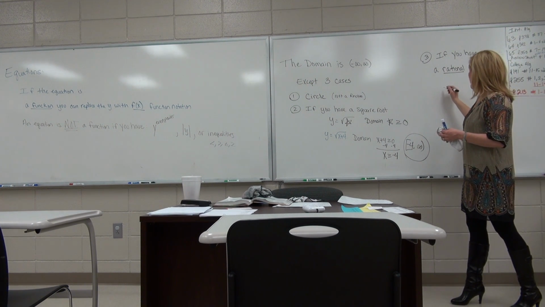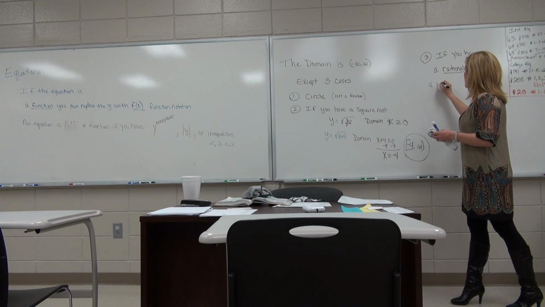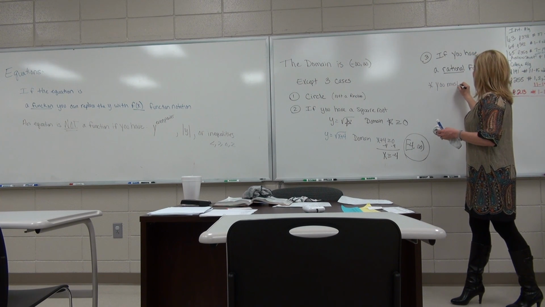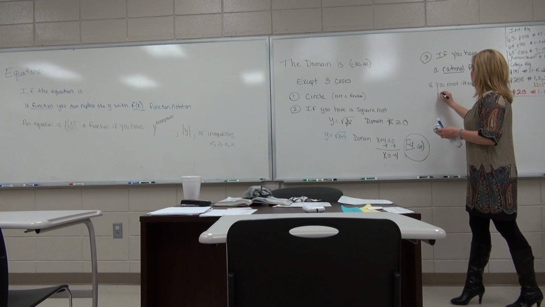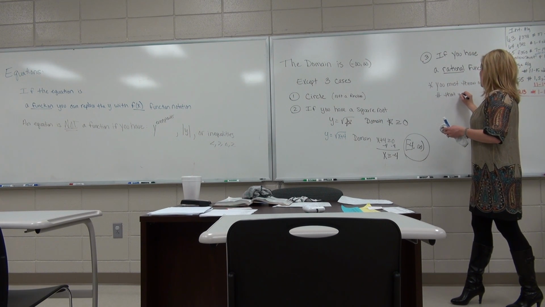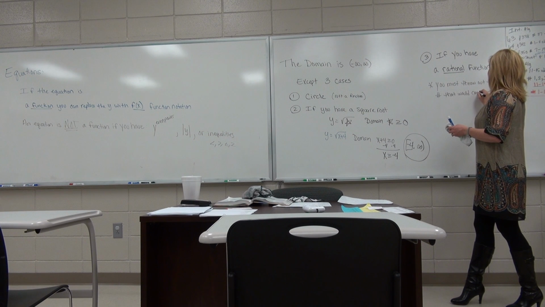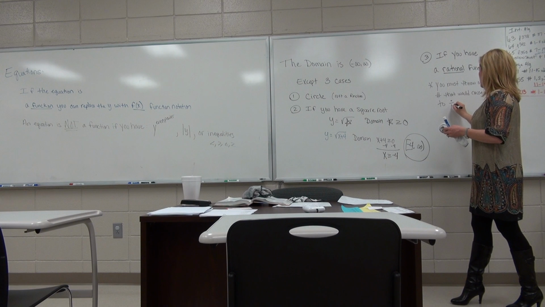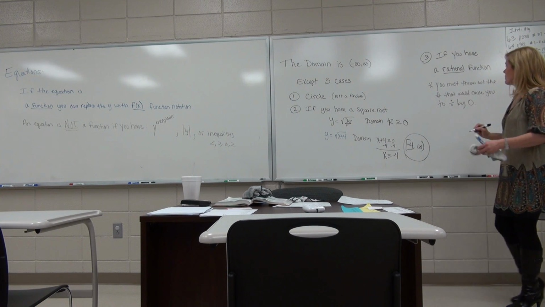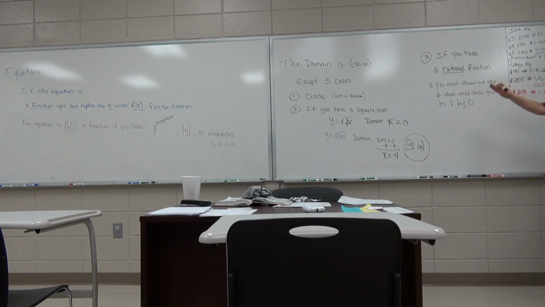So if you have a rational function, you must throw out the number that would cause you to divide by 0. Whatever number causes you to divide by 0, you've got to throw it out. It cannot be part of your domain, because if you use that number, you would get an error on that calculator. No solution.